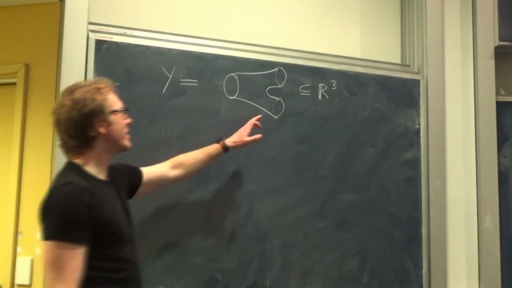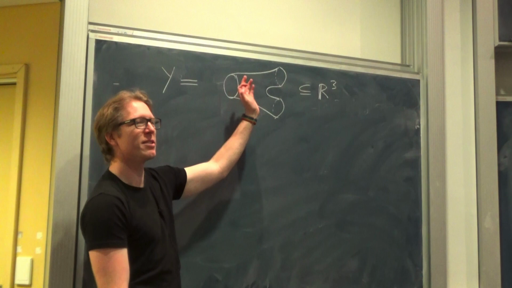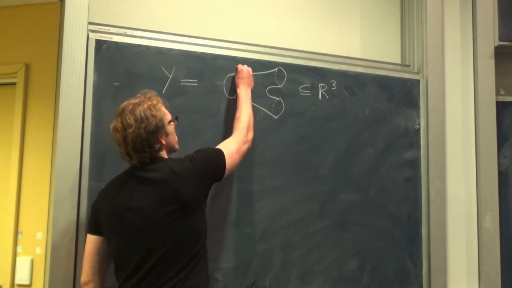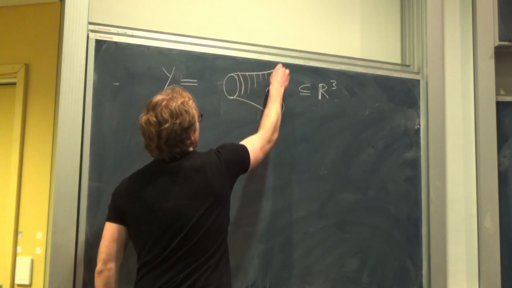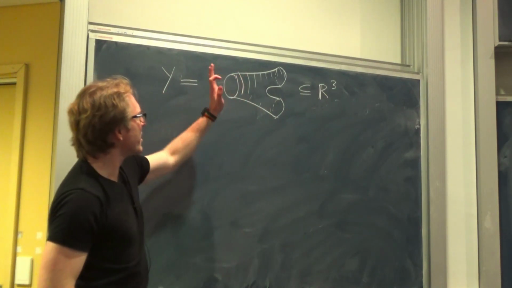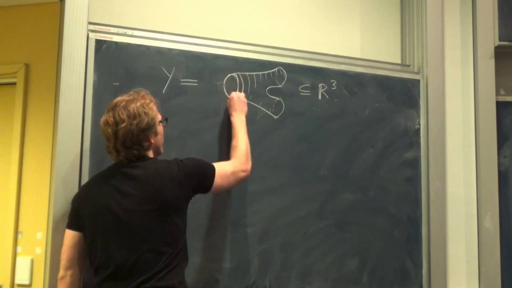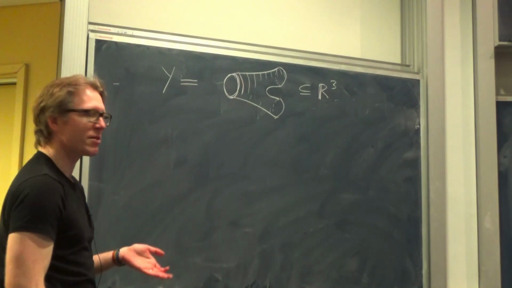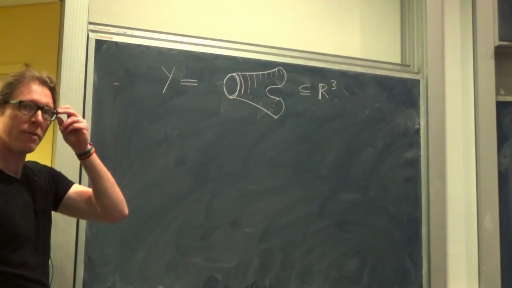I take a subset of R3 that looks like the surface here. This is not meant to be a solid object; it's a two-dimensional surface, so I've got the bits I'm coloring in. The bit at the end is not filled in. There's a circle sitting inside y there, and the bits interpolating between, not convex around that circle, and the inside is missing as well. Hopefully that specifies the surface.